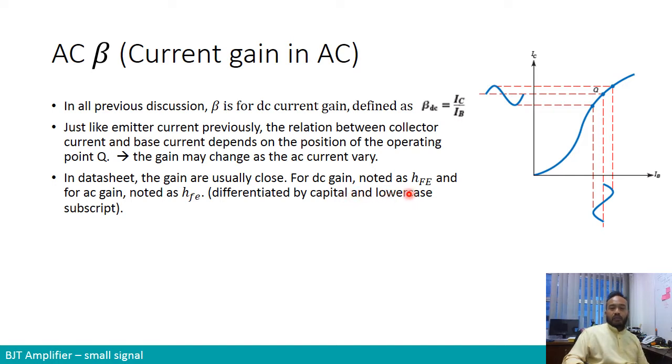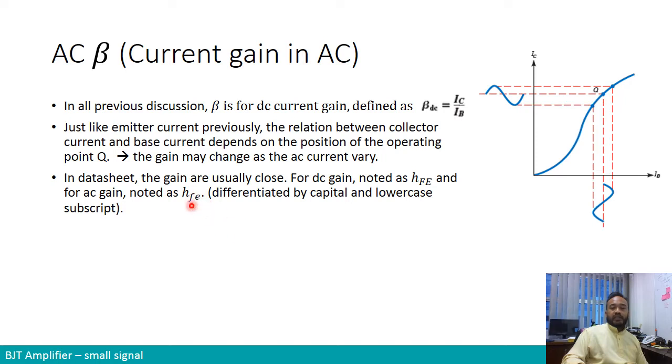So how do you find it in the data sheet? Remember last time when we talked about data sheets, the gain is usually noted as HFE. When it is in capital letters, it means it's for DC. But you may also find a notation of hfe in lowercase. If you find this, then this is basically the gain in AC.